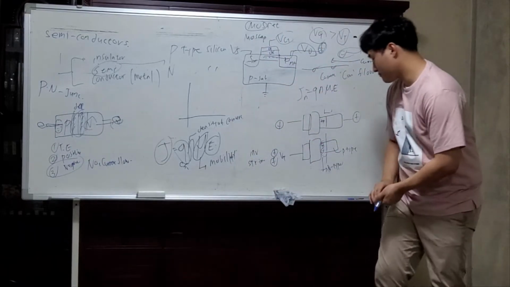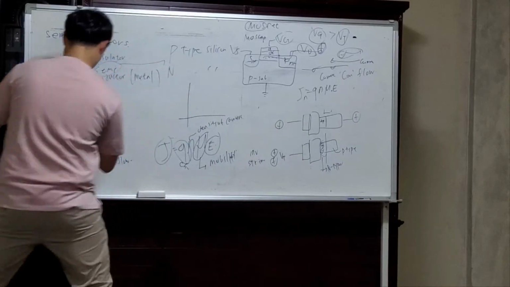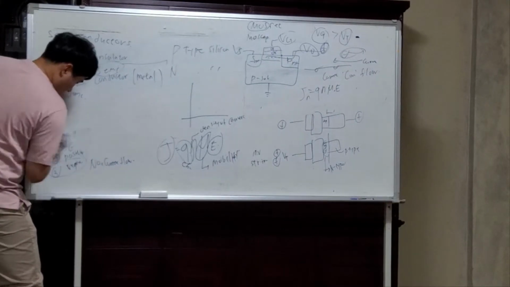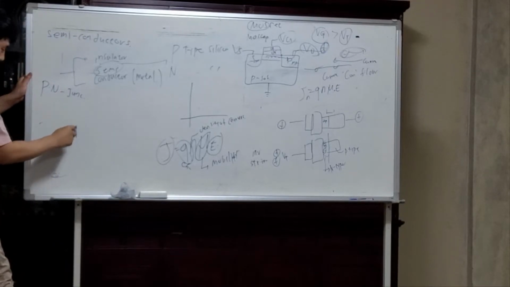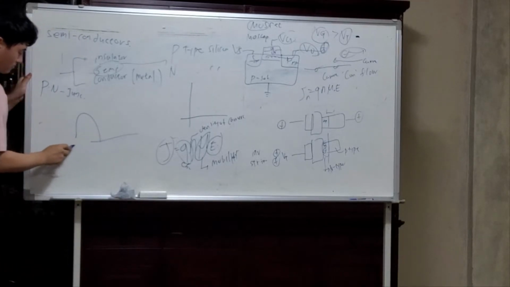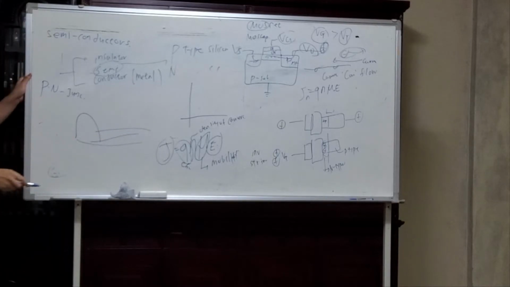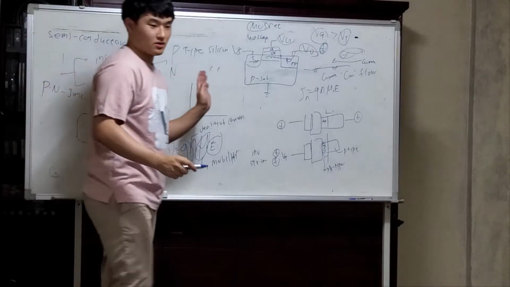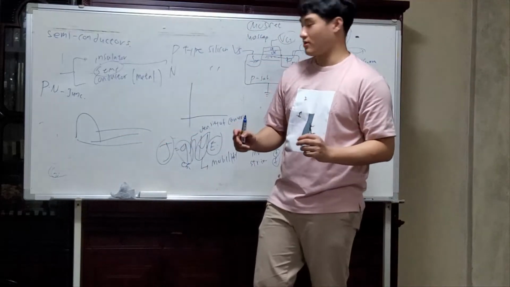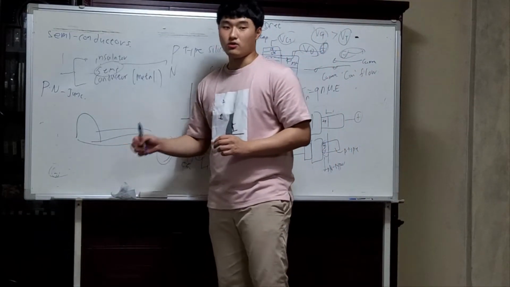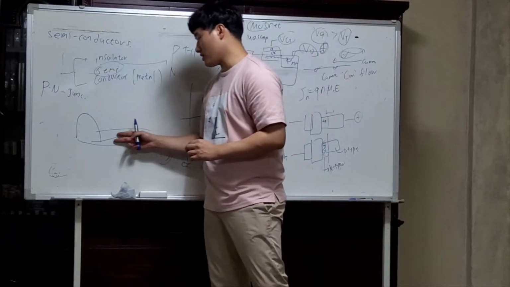Let's see. If we have a tunnel like this, let's guess there are only two lanes that cars can pass. Then at one time, only two cars can pass through this tunnel.